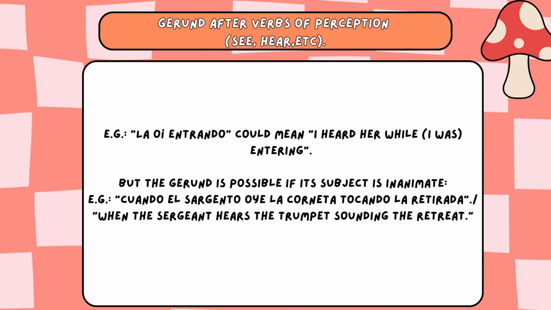For example, la oí entrando could mean I heard her while I was entering. But the gerund is possible if its subject is inanimate. For example, cuando el sargento oye la corneta tocando la retirada, in English would be when the sergeant hears a trumpet sounding the retreat.